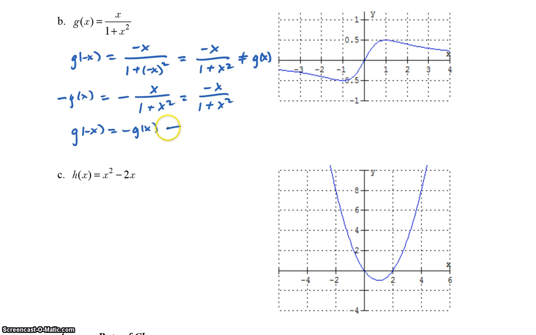Therefore, g is odd. G is an odd function. And the graph of an odd function has symmetry about the origin. So the graph has origin symmetry.